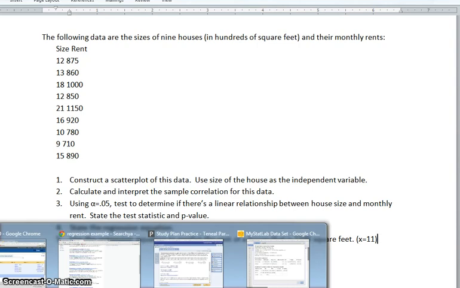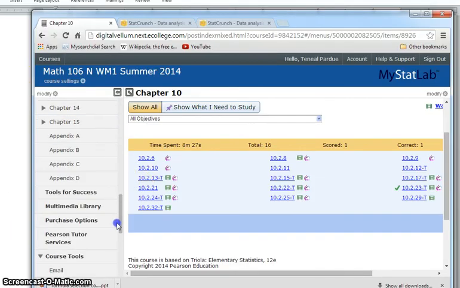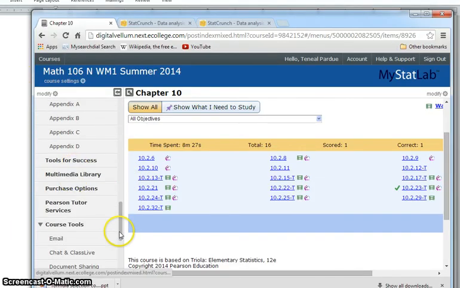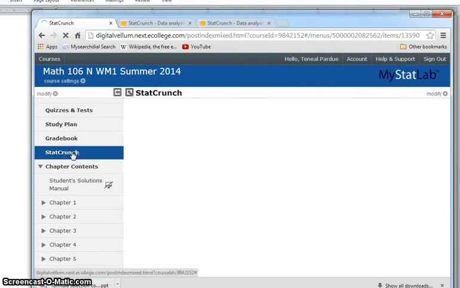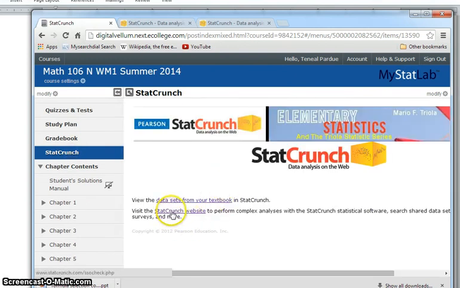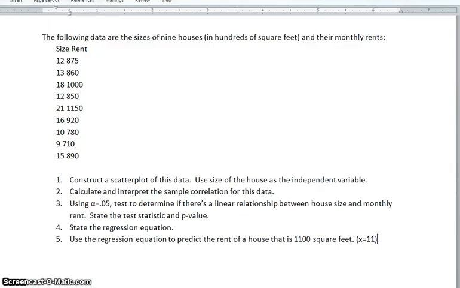Okay. So let's pull up StatCrunch. So we'll go over to my stat lab, we'll pull up StatCrunch. And I will copy the data.